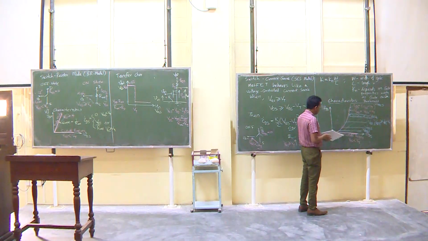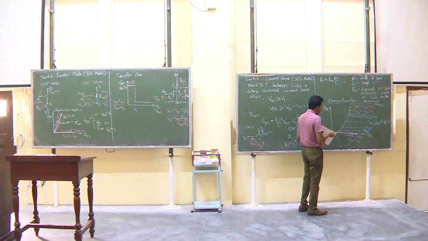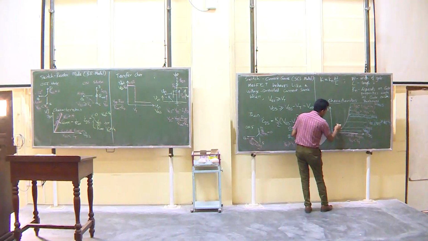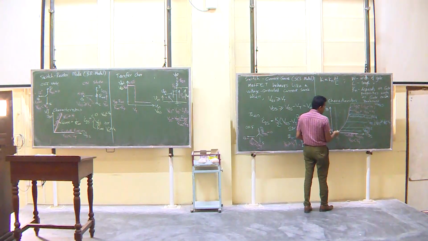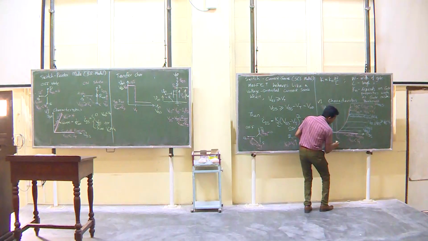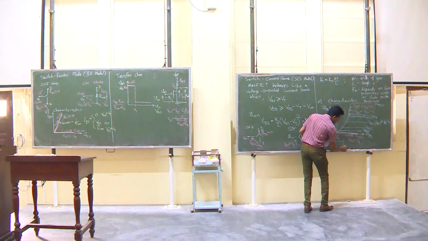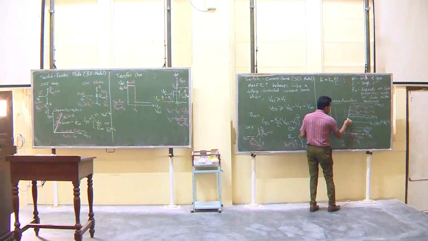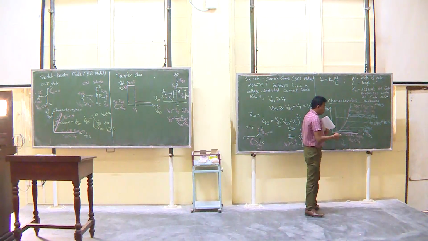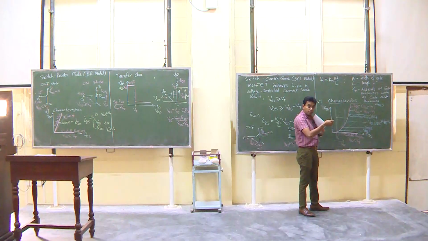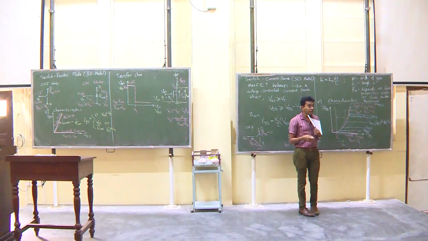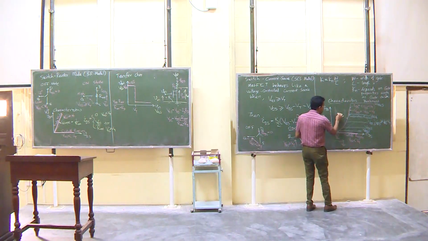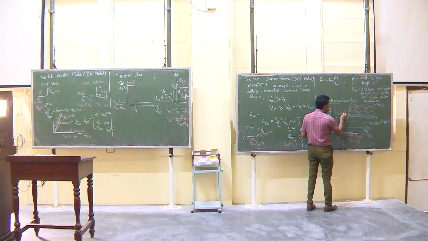If you draw a line like that, and assume this also represents VGS, this voltage here, not in the VD direction, right? If you draw VGS and VDS in the same graph, then this is basically VGS minus VT.